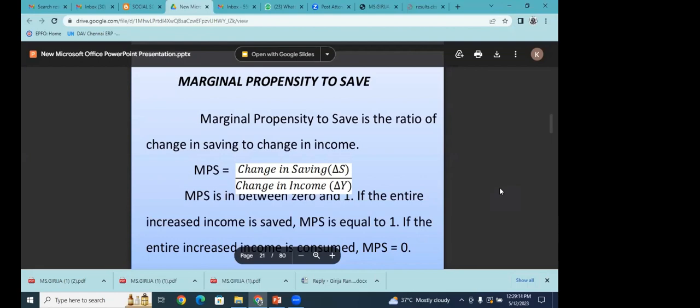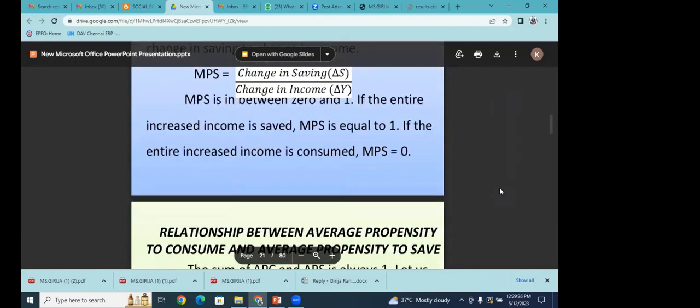Yes, when the entire increased income is consumed. So MPS will be between 0 and 1. I hope it is clear.